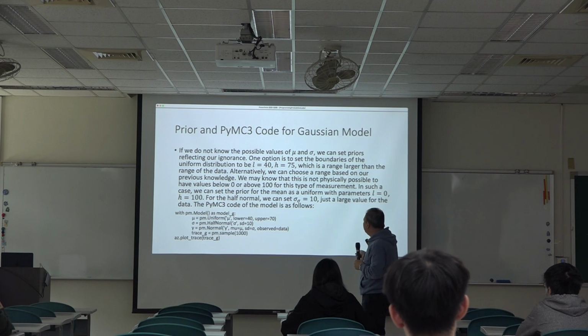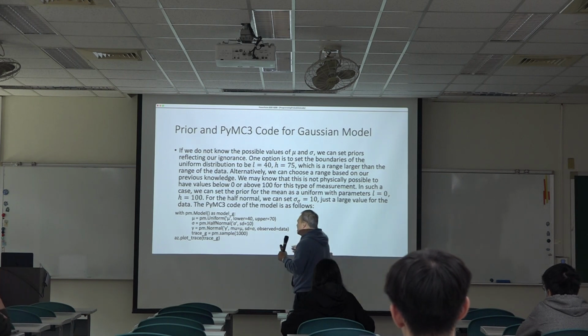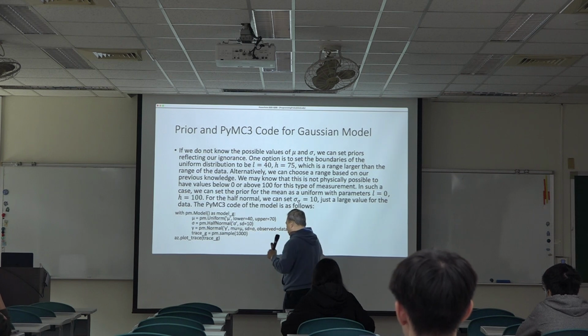It's already a pretty large value for the data. If you don't know a good value, you can set it even larger, so it's not restricted to a certain smaller range.